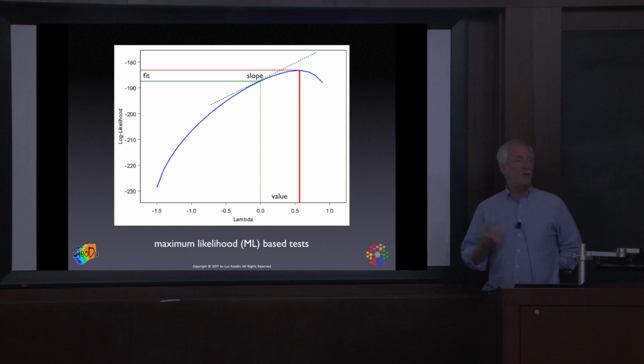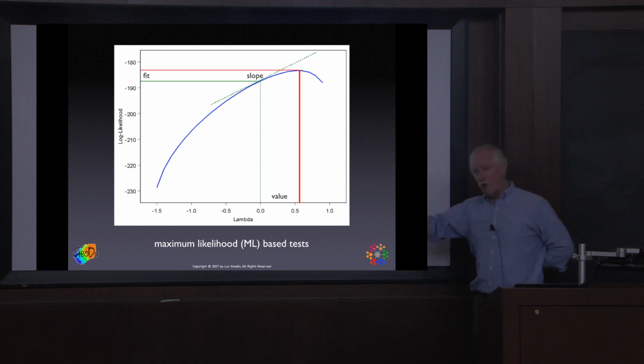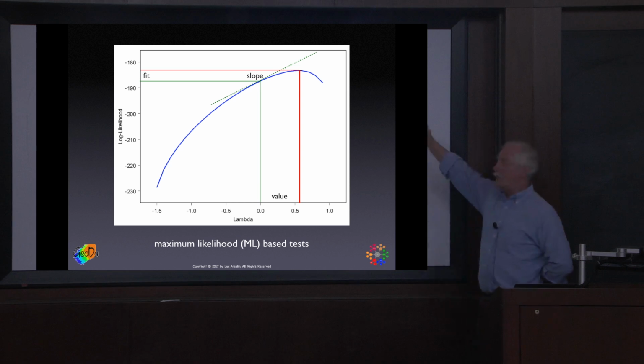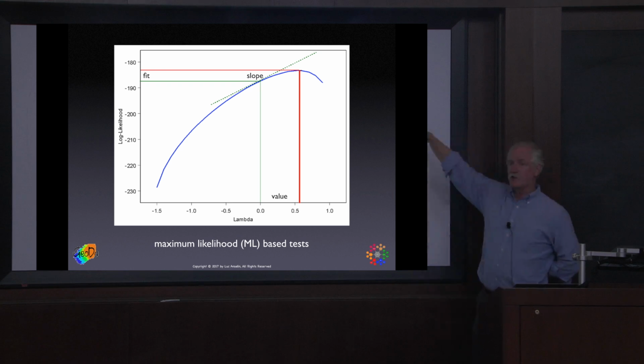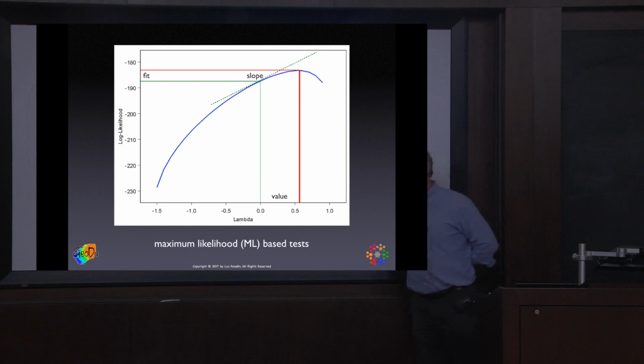And then the Lagrange multiplier test is the same principle, but now it's even more abstract and esoteric, if you wish, but applied to the slope of the likelihood function. So at the maximum, the slope is 0, it's horizontal. At the constraint, the slope is whatever it is, but not 0.